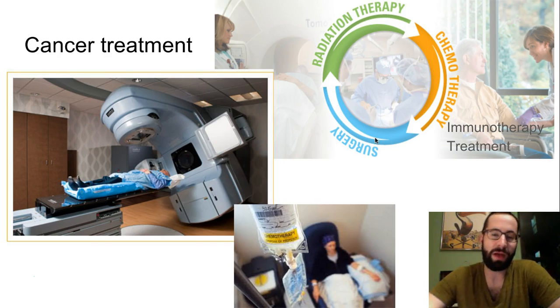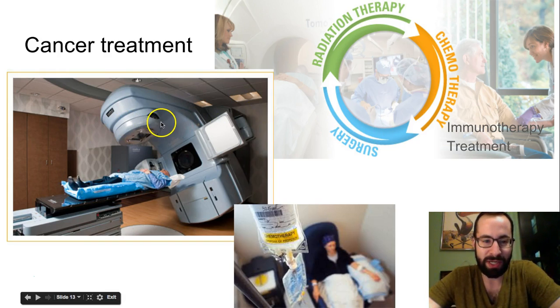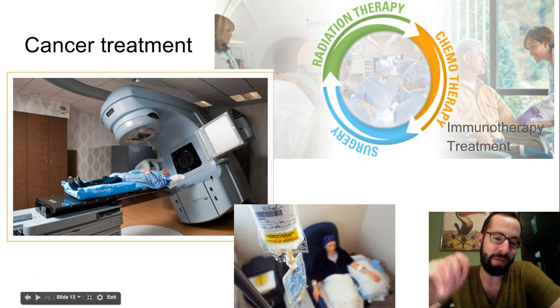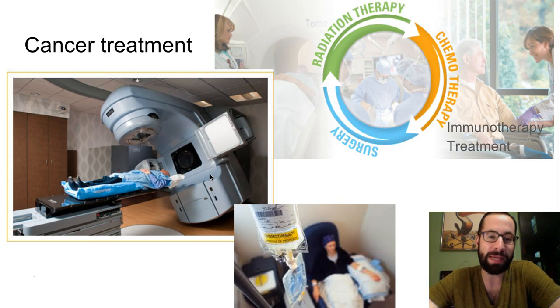Well, it's been found that in some instances, radiation can destroy cancer cells by impacting the DNA in those cancer cells. This machine here is a radiation machine, and it focuses a very precise beam of radiation on the spot of your body where your cancer is located, trying to minimize the impact on the cells around it.